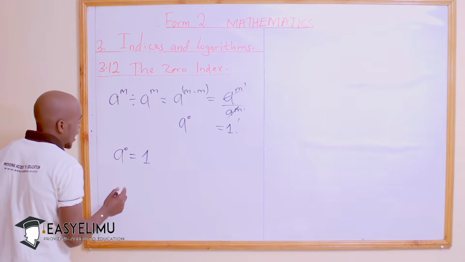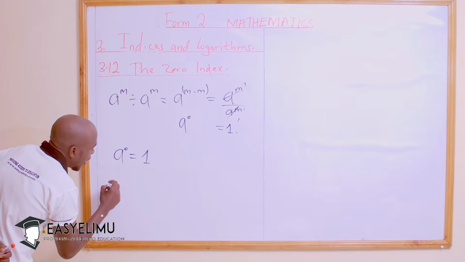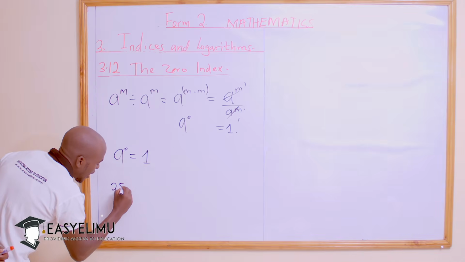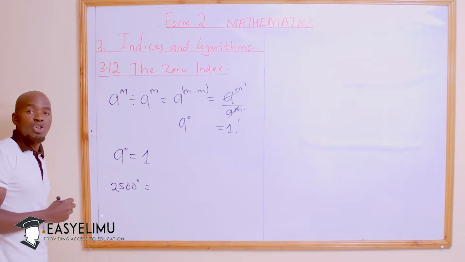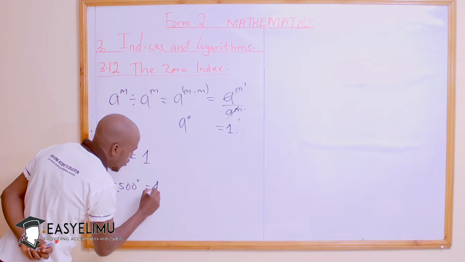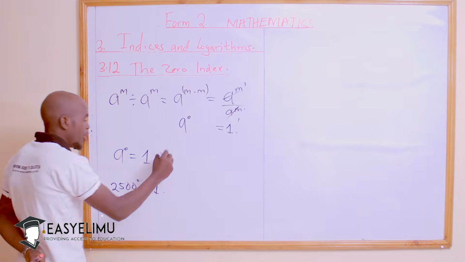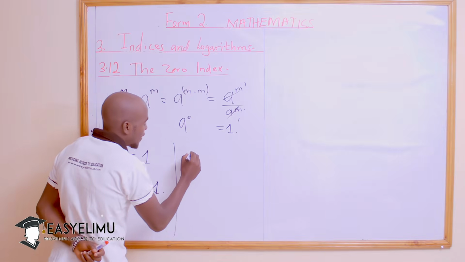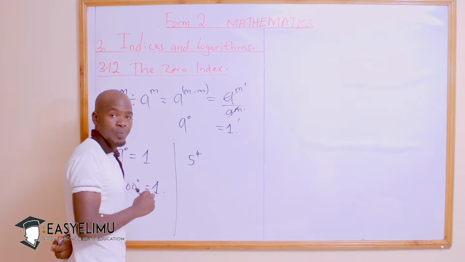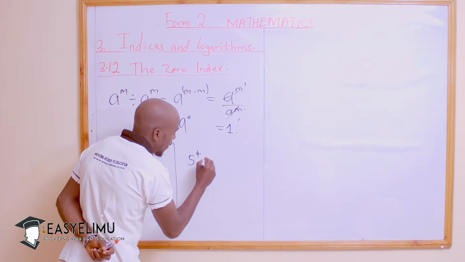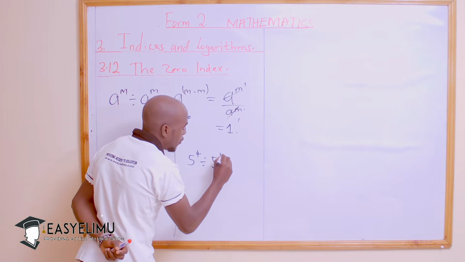That implies that no matter how big the number is, if you raise it to 0, you will still retain the same value as 1. For example, let's take 5 raised to 4, then you divide by 5 raised to 4.